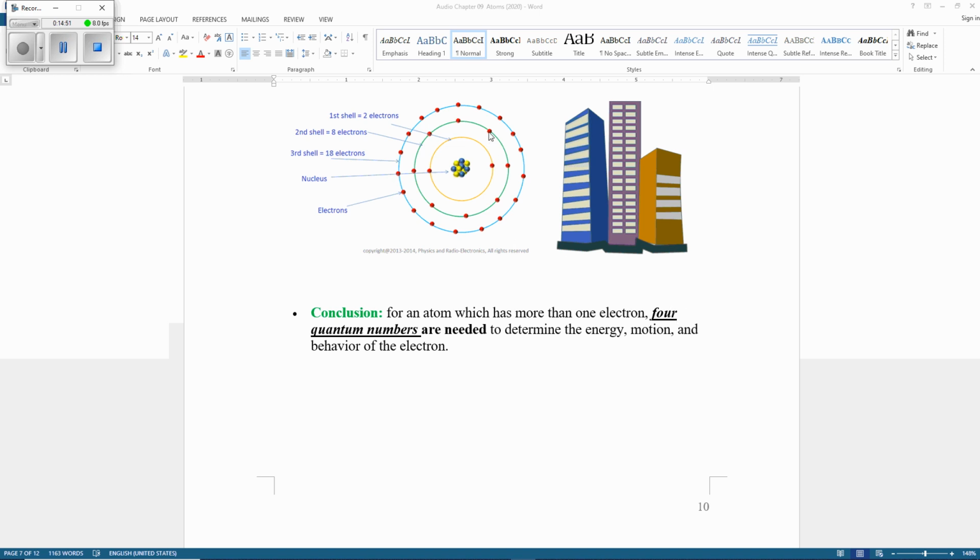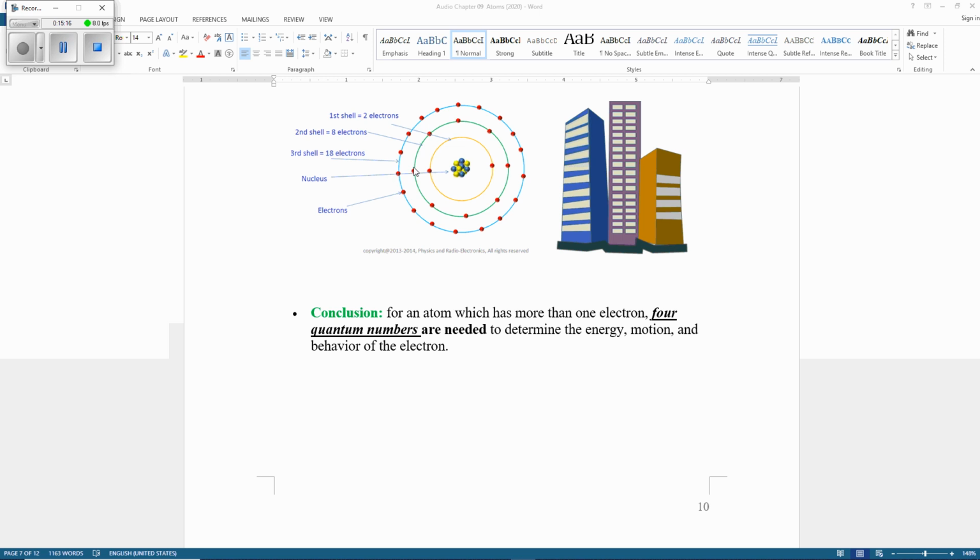You don't have any 2 electrons with the same quantum numbers because something must be different. They either have a different energy, or a different angular momentum, or a different behavior in a magnetic field. Something must be different.